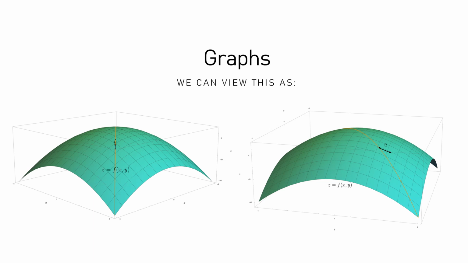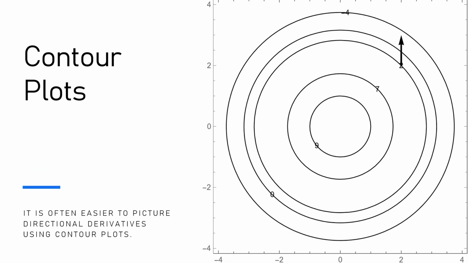But just like before, viewing these things in 3D can be a little more difficult, so sometimes we like to use contour plots. Here is a contour plot of a surface, and we're standing at this point up here, with our vector pointing in the j direction. What would the directional derivative be going in this direction? We can see this curve here is 2, this next curve is 0, and then this curve is -4.